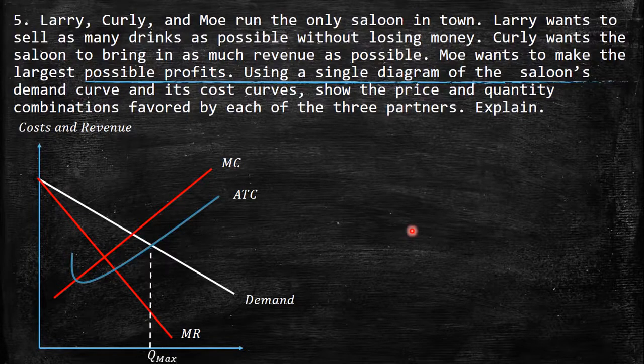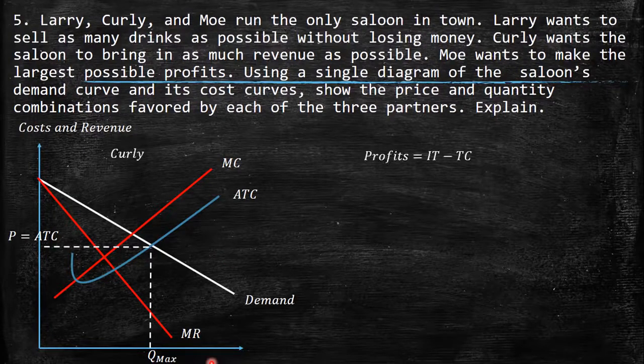So remember, when the price is equal to the average total cost, then you won't have any loss of money, and you will sell the maximum quantity. It's going to be this one. Why? Because profits are total revenue, TR, minus total cost.